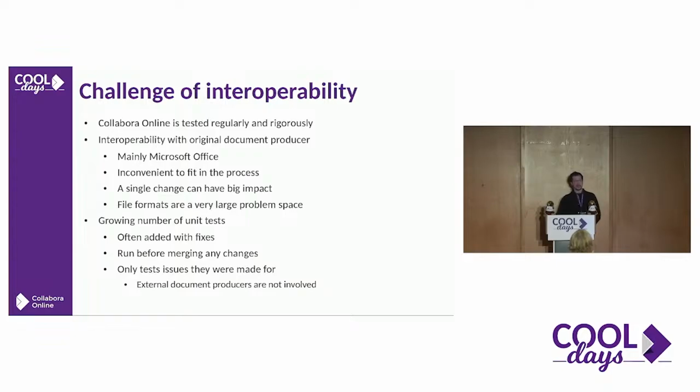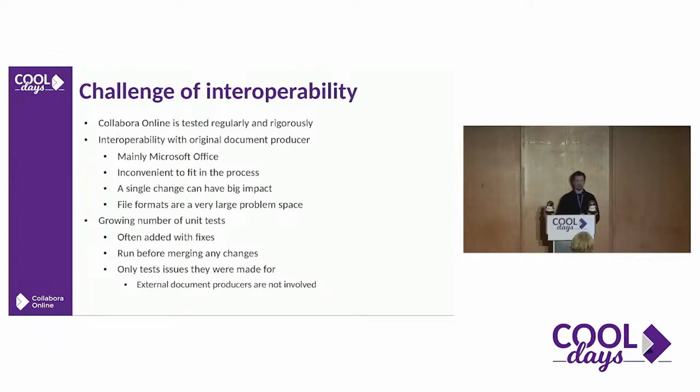And while we're trying to improve the situation, in the sense that when we're fixing bugs, we're trying to add unit tests for them, and that ensures that that particular bug or particular feature remains stable. But those unit tests only involve LibreOffice or Collaborate Online.